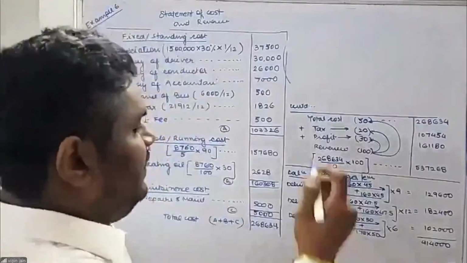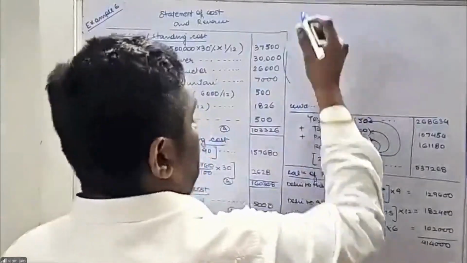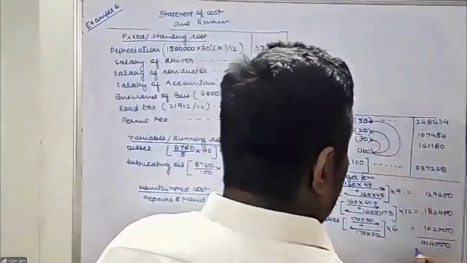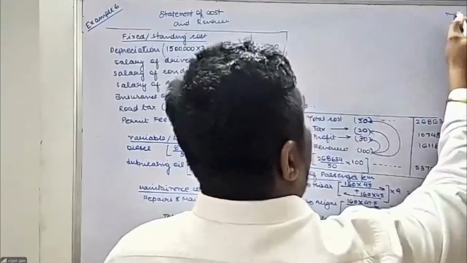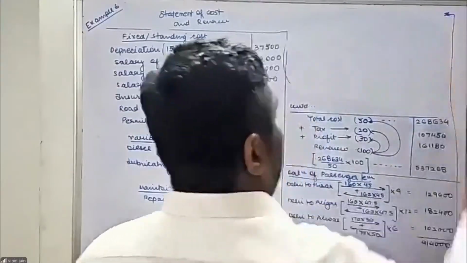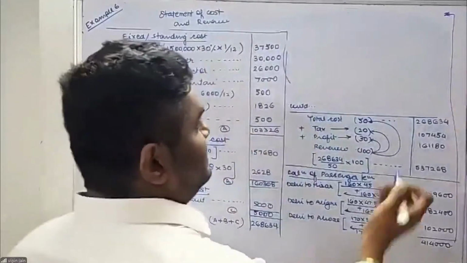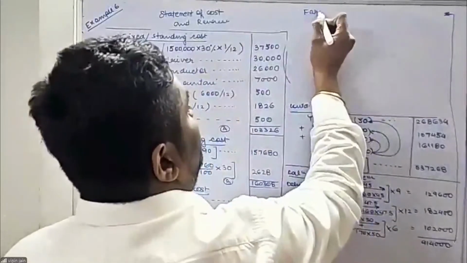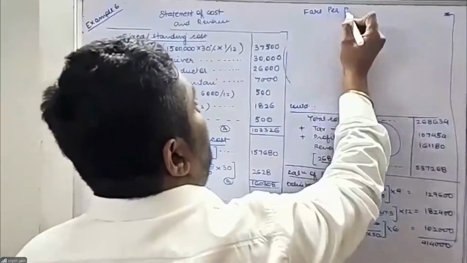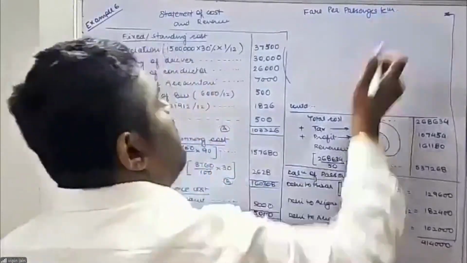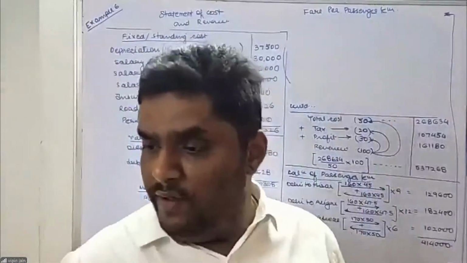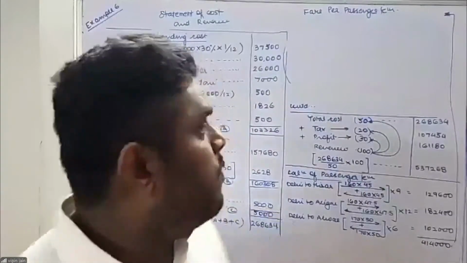So we'll get the fare. Since space is the constant, we'll get the fare per passenger kilometer.